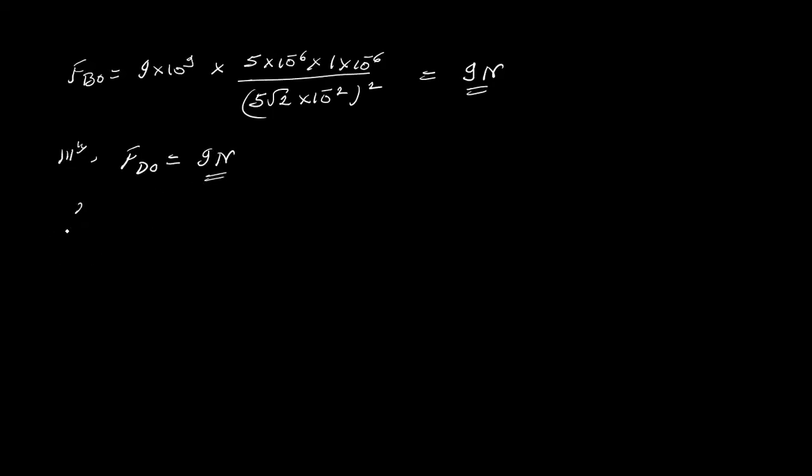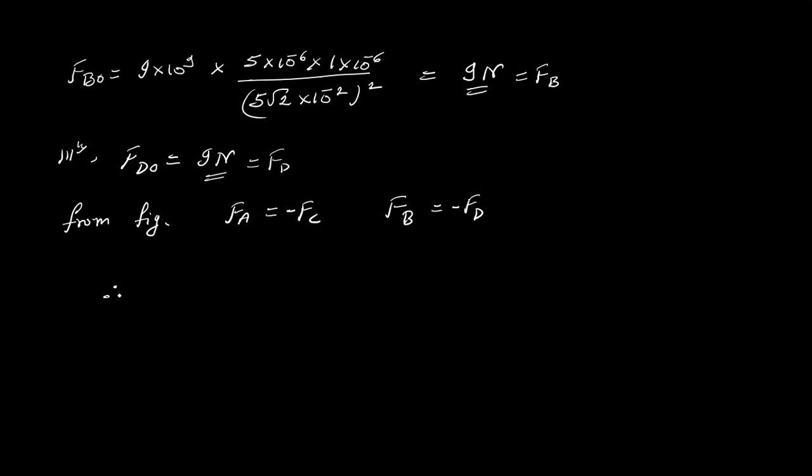From the figure, it is clear that FA is equal to minus FC and FB is equal to minus FD. This is the FD.